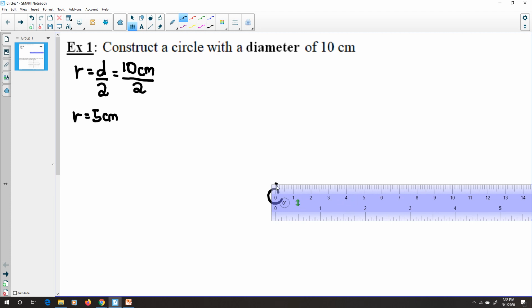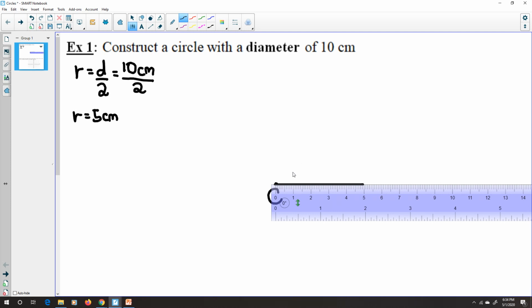And then from the center of the circle, I want to draw the radius length of 5 centimeters. Okay, so now I'll go back to my pen. So starting here, I'm then going to draw the radius up until the 5 centimeter mark. By the way, these little tiny ticks in between are millimeter markings. The bigger lines are the centimeter markings.